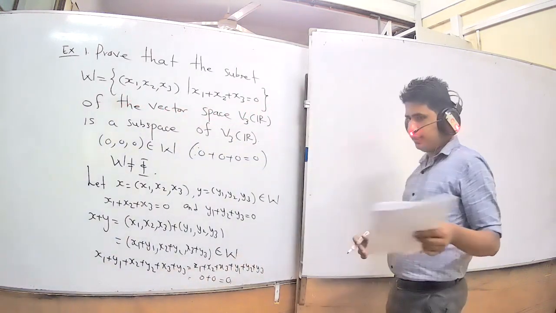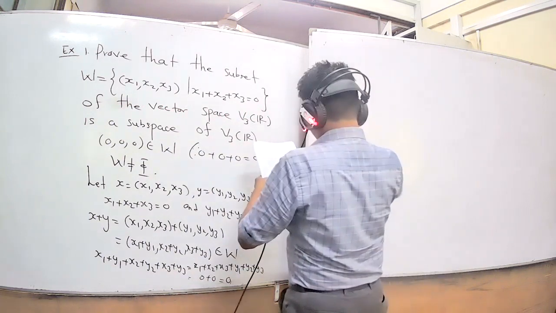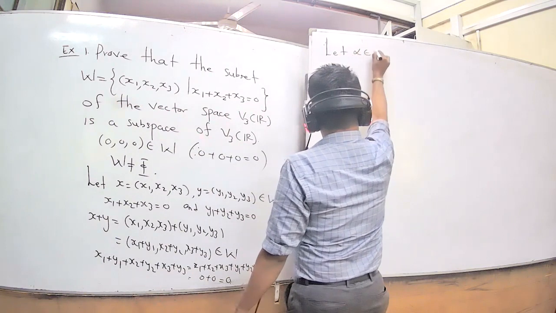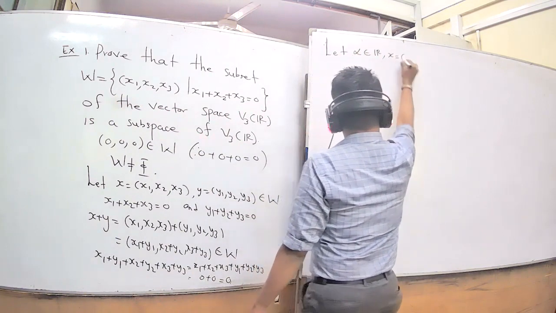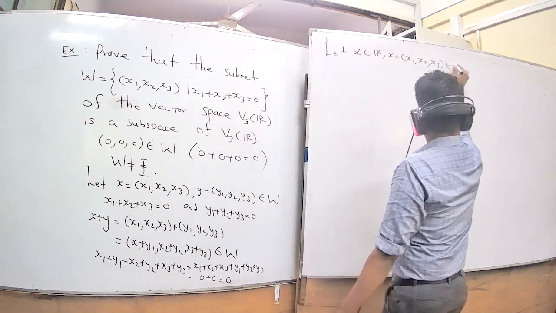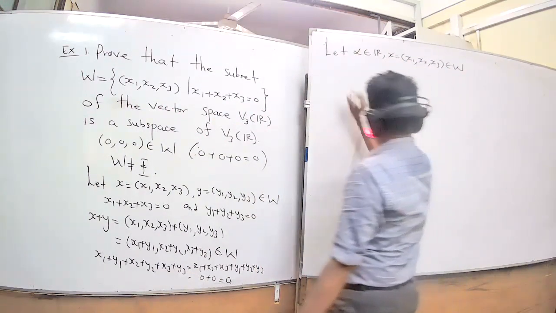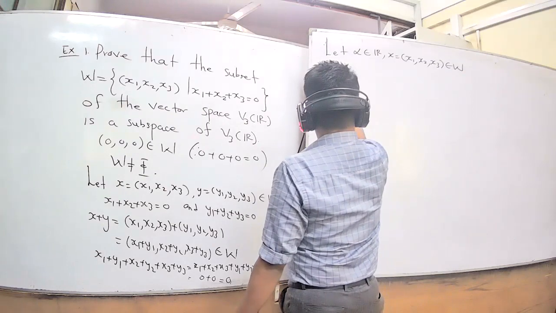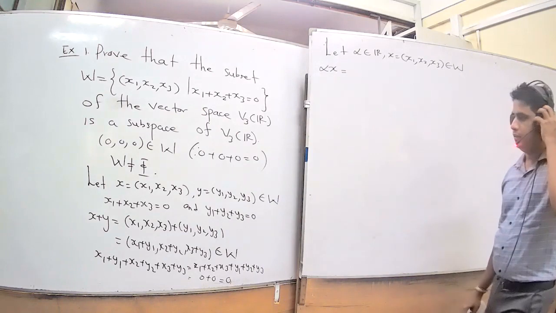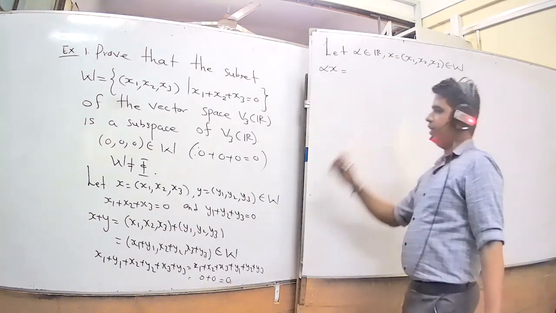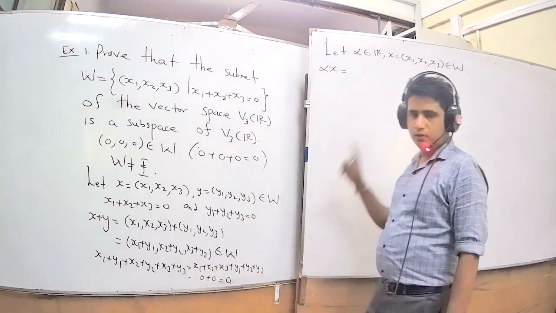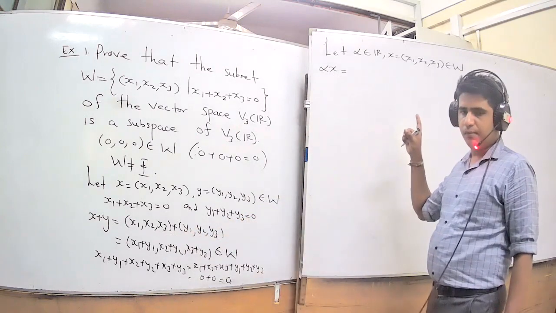For scalar multiplication, let alpha belong to the real numbers, and take x equal to (x1, x2, x3) belonging to W. We want to check alpha x. Here we use the usual addition and the usual scalar multiplication.